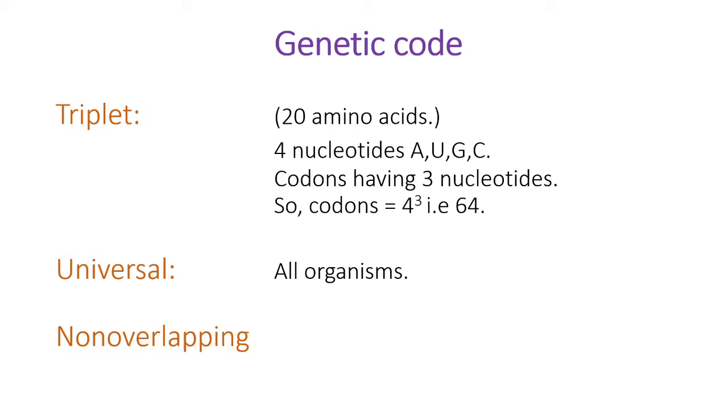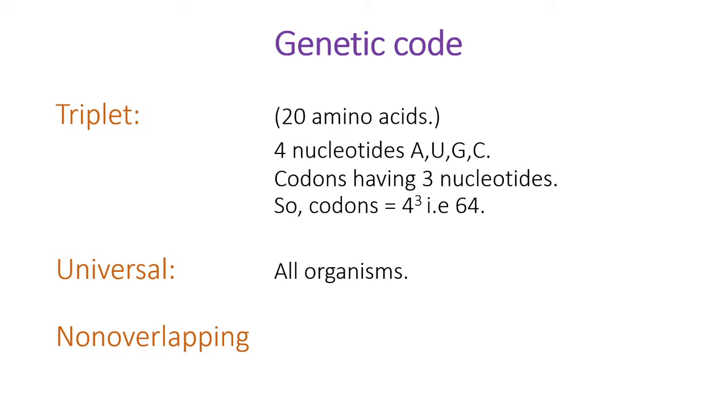Codons consisting of 3 nucleotides can provide for 4 cube, that is 4 to the power 3, that is 64 codons. Thus, each codon is a sequence of 3 nucleotides on mRNA. For example, AUG codes for methionine.